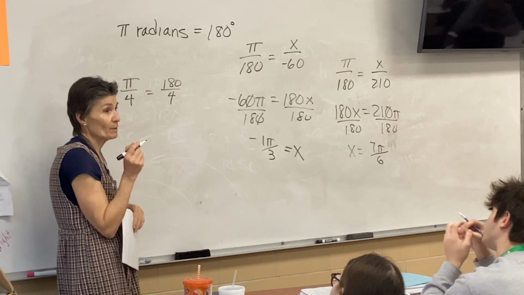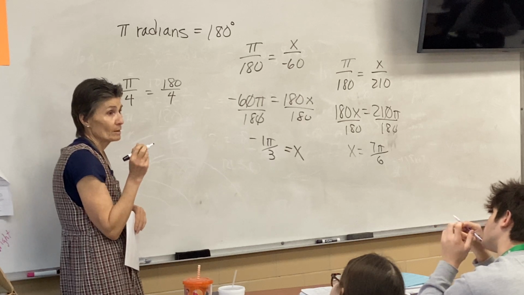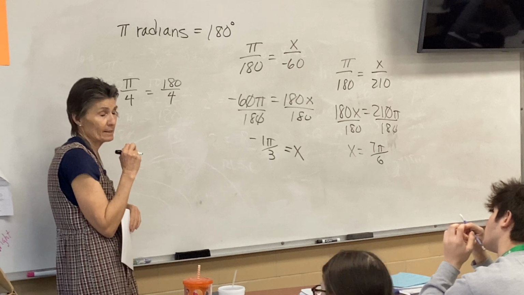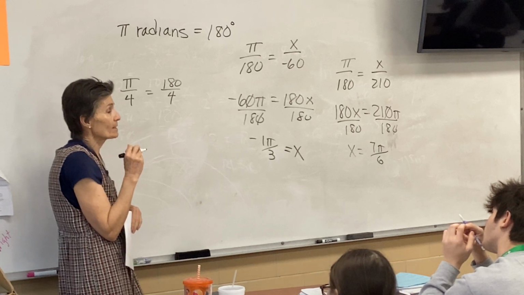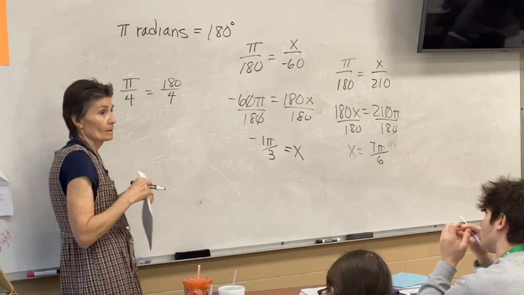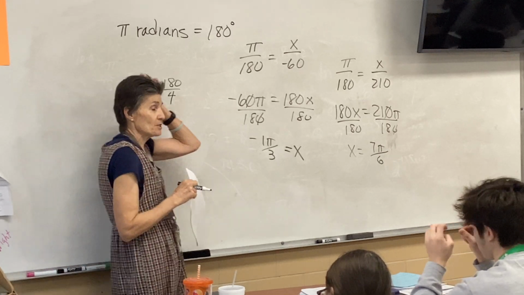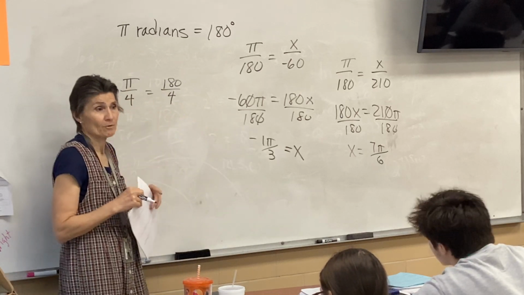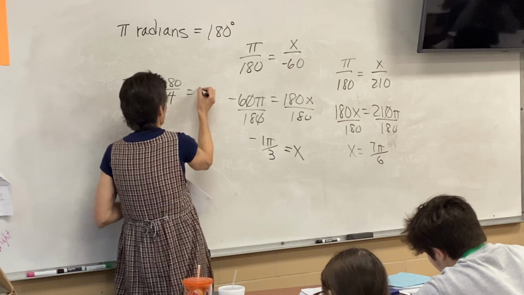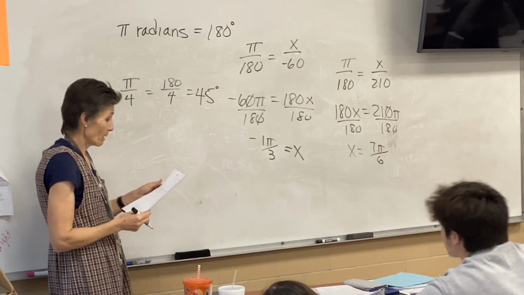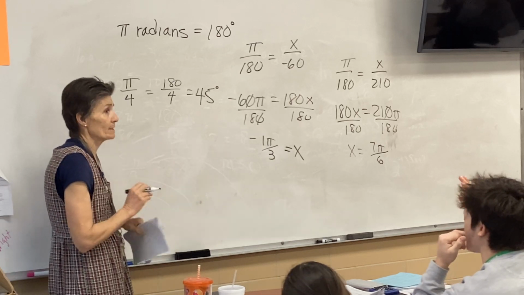Get your calculators out. What's 180 divided by 4? What's 180 divided by 2? 90, and then divided by another 2 would be 45. So the answer is 45 degrees. Pi over 4 is 45 degrees.